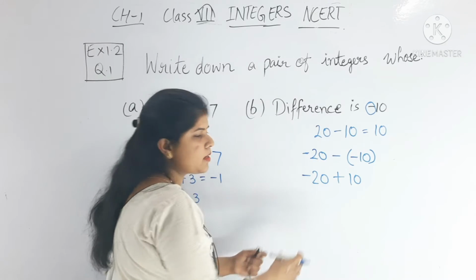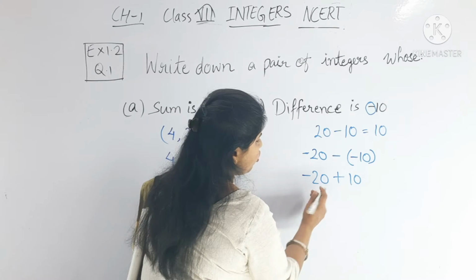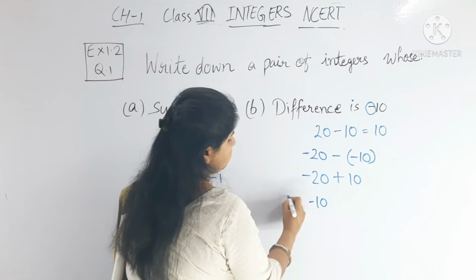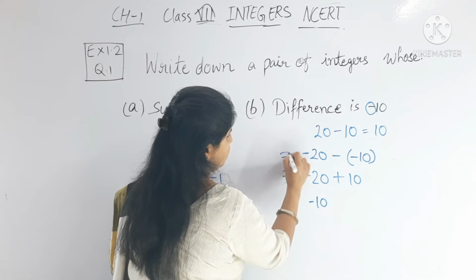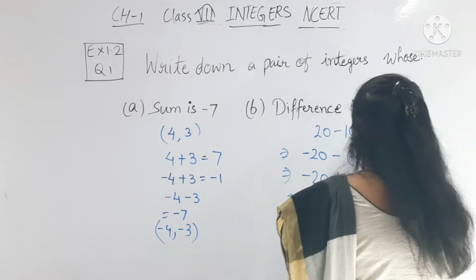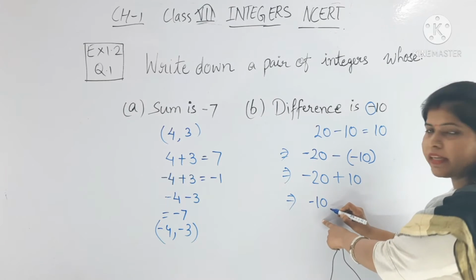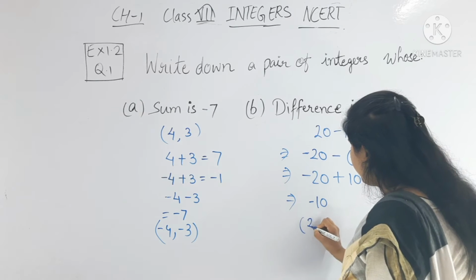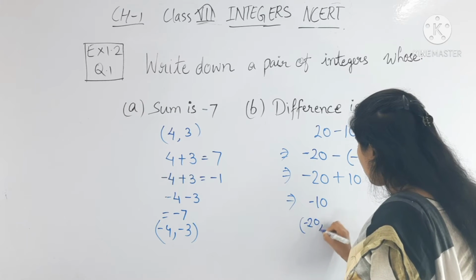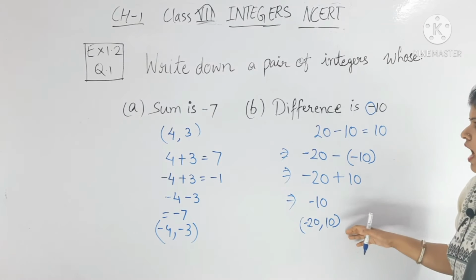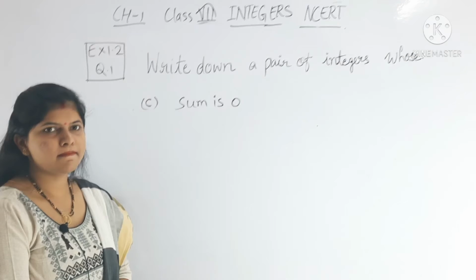Minus plus is subtraction of integers. So minus 20 plus 10 will be minus 10. I am getting minus 10 as a result. So what is the pair of integers? Minus 20, comma 10. That is the answer of part B.